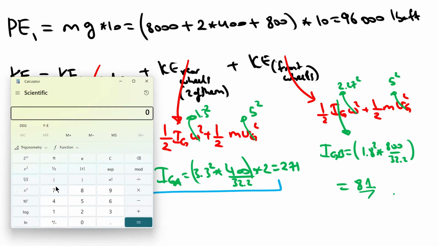And then it will be 0.5 times 271 times 1.3 times 1.3.